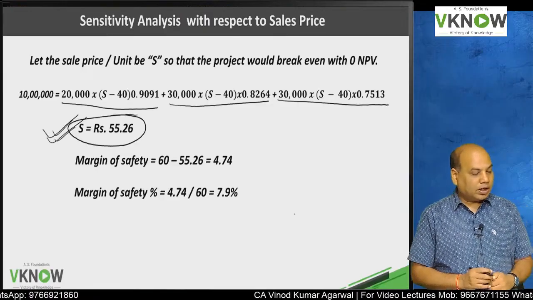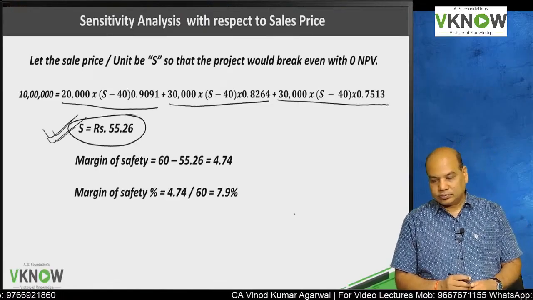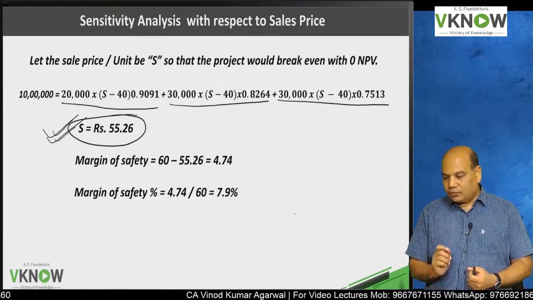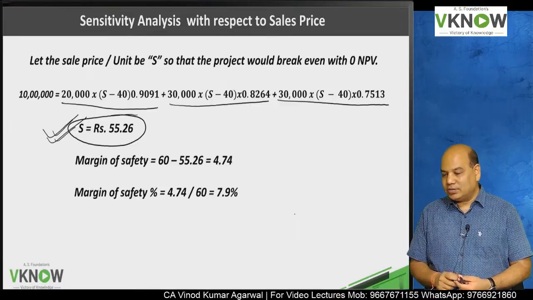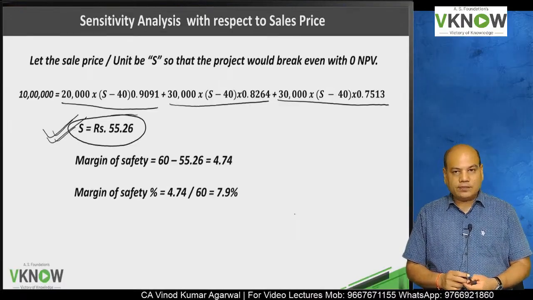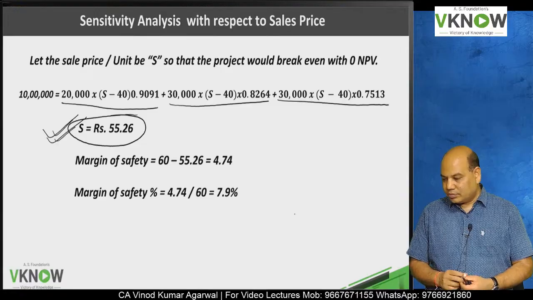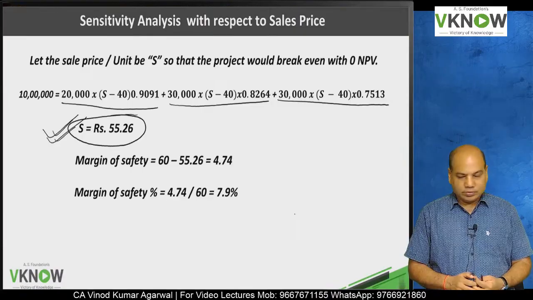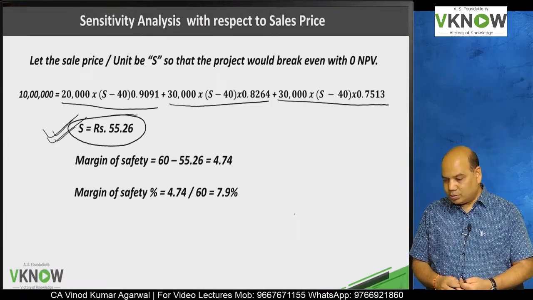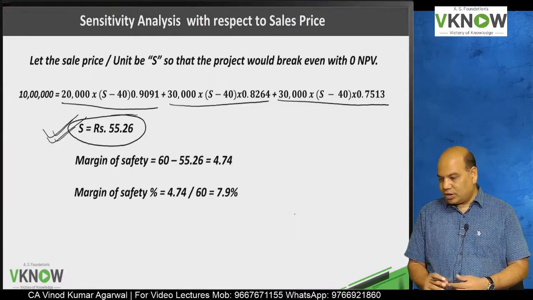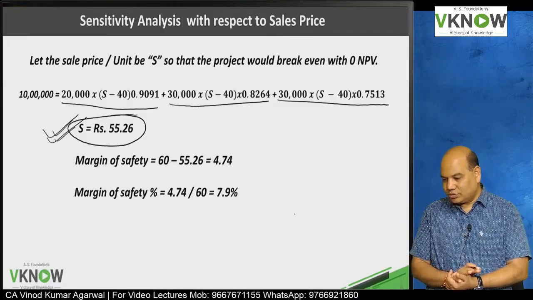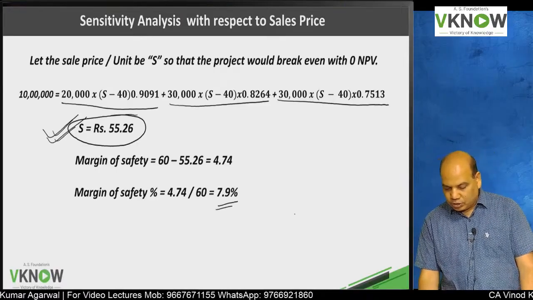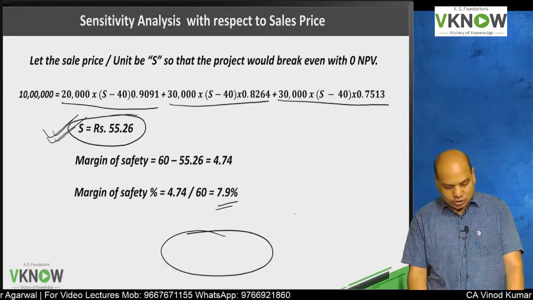Next line, margin of safety in percentage: 4.74 divided by 60, 7.9%. Margin of safety 7.9%. Is it right? Say yes or no. 7.9%. Yes.